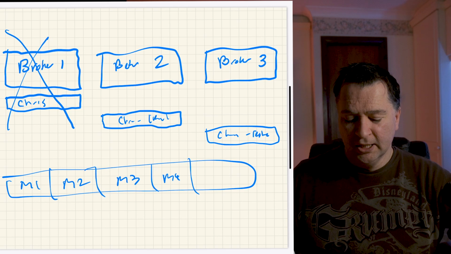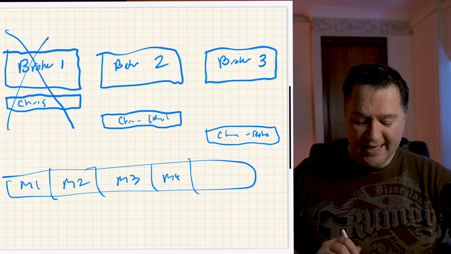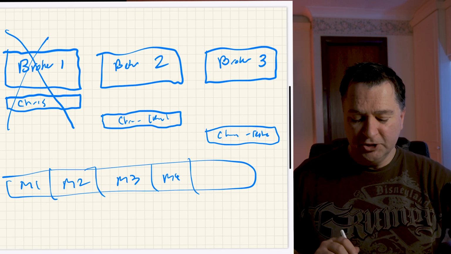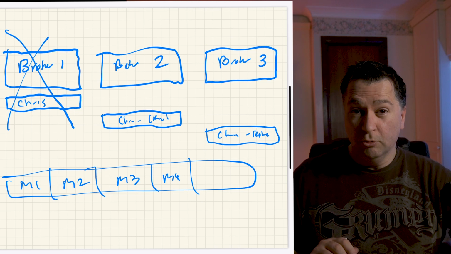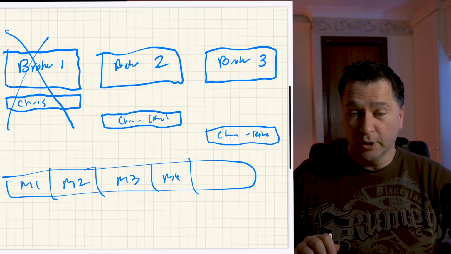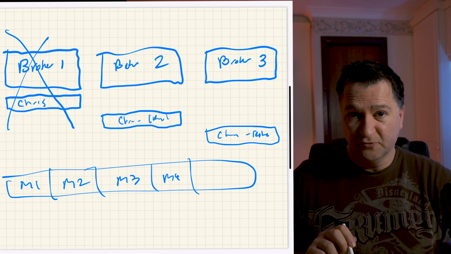Then, depending on the order they got written to the log and then replicated, that order wouldn't be guaranteed, it wouldn't be consistent. So the way that Kafka maintains that ordering is by saying that for a topic partition, only one broker can be the leader. One broker is responsible for writes.